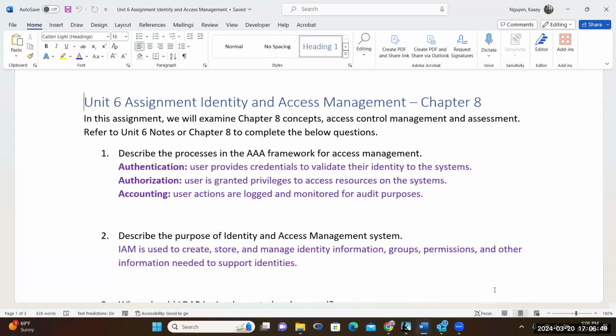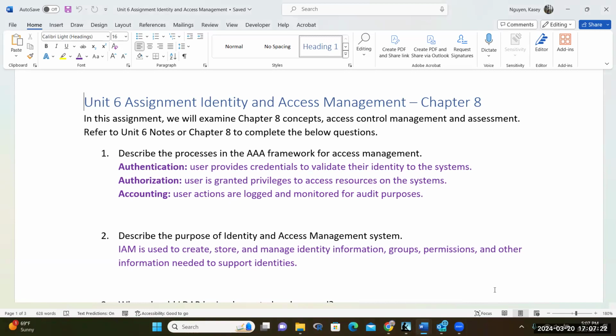So when the user logs in, it's just a way to validate that user to the system and to the authentication server, that they are who they say they are, right? So when you provide the password or your biometrics, or even the OTP code, those things are just to validate to the servers that you are who you say you are. Or you would match the identity that's on their system.